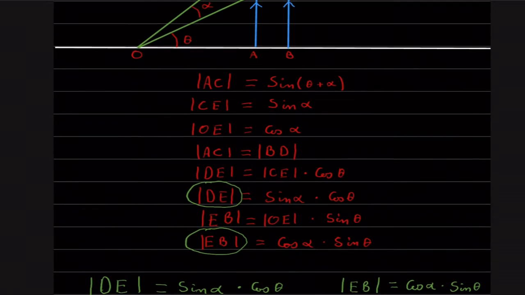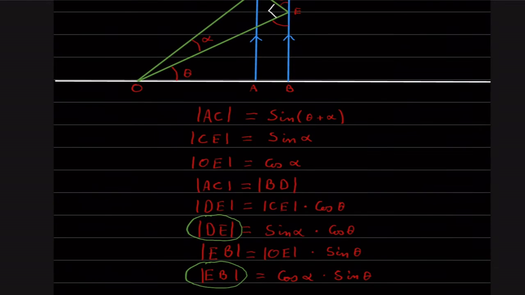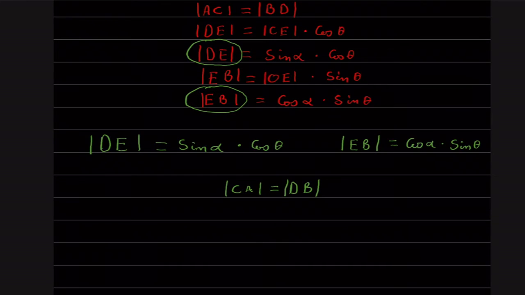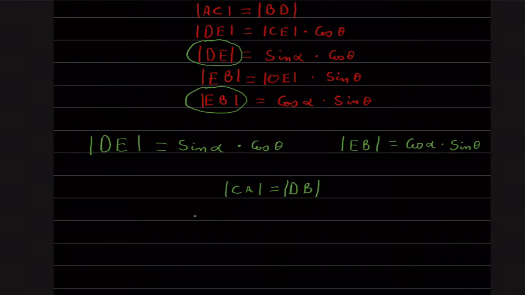Should probably have written these the other way around. And also DB is equal to DE plus EB.